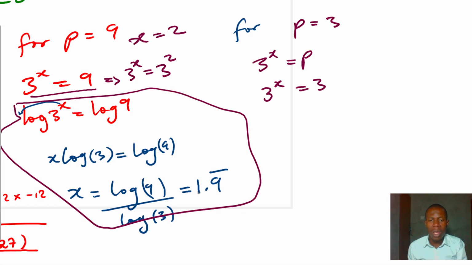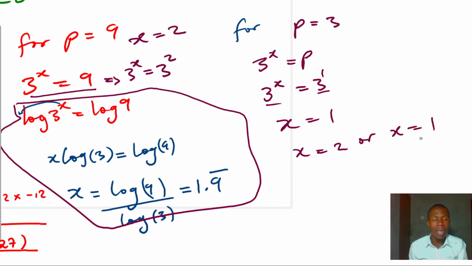But you also know the log approach, which gives a more accurate answer, while this one gives the approximate. Then same here, since the bases are the same, we can just equate the powers. So x will be equal to 1. So we have two answers for x: x is equal to 2 or x equal to 1.